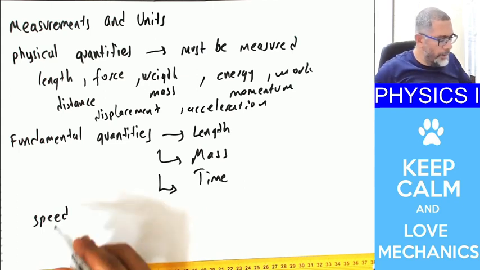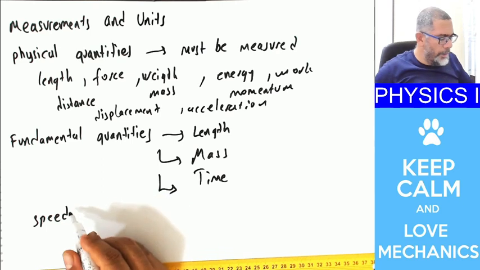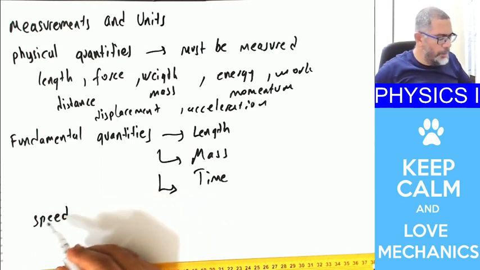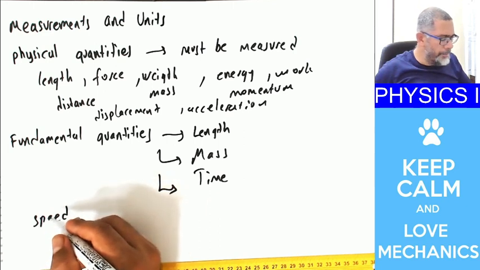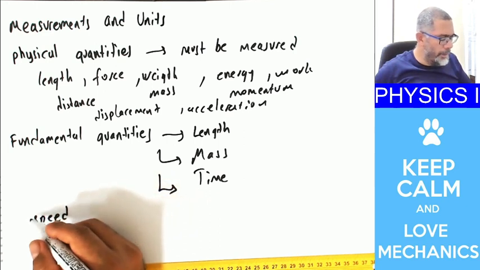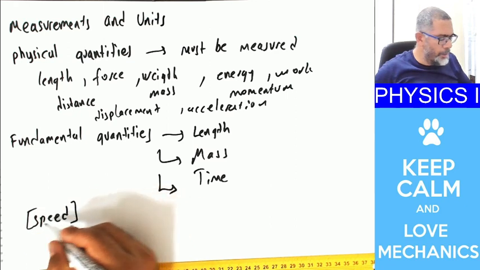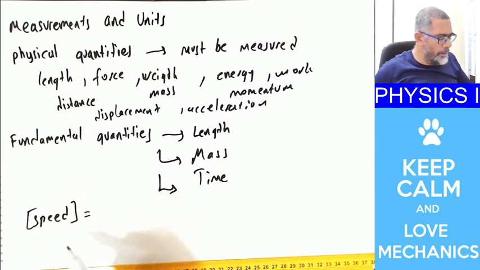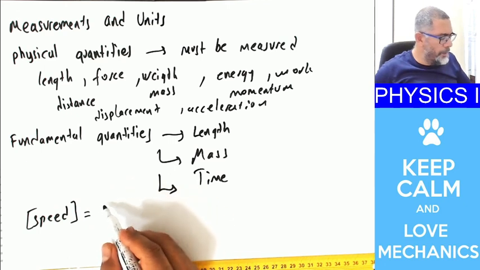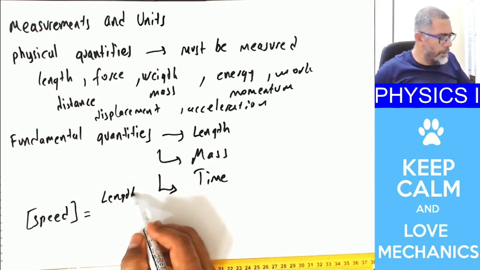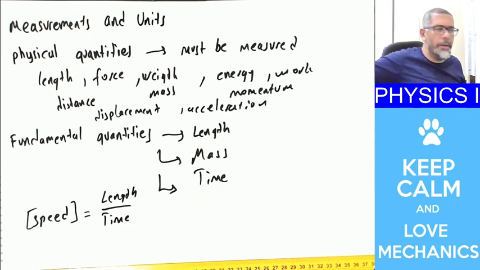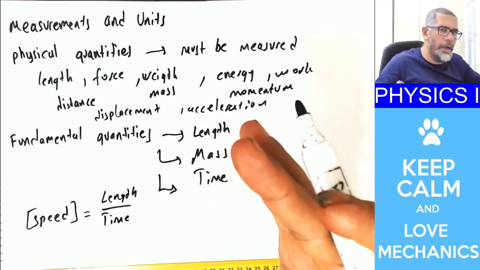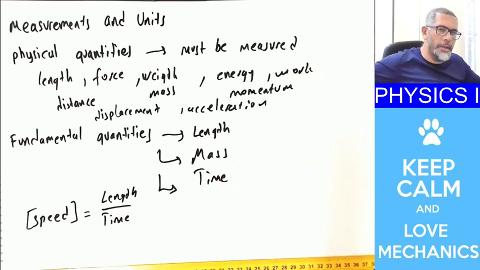It is a derived quantity because when we talk about the unit of a physical quantity, we take a square bracket, and the unit of speed is equivalent to length divided by time, because speed is about distance and also the time it takes to travel this path.